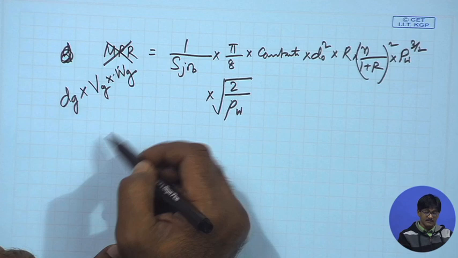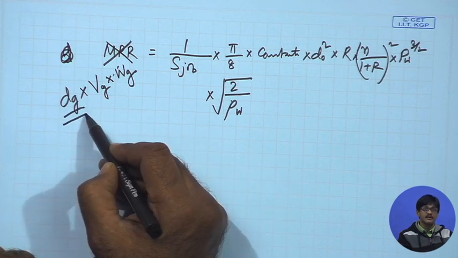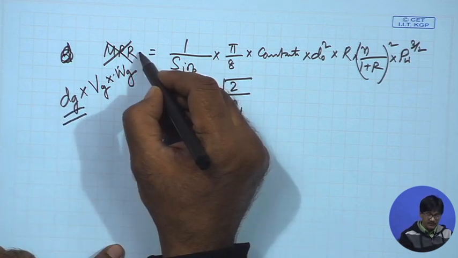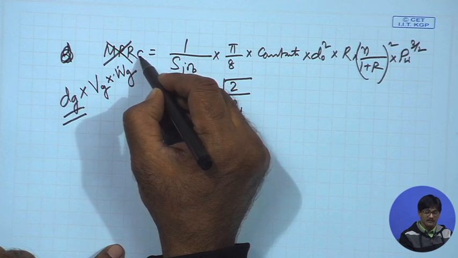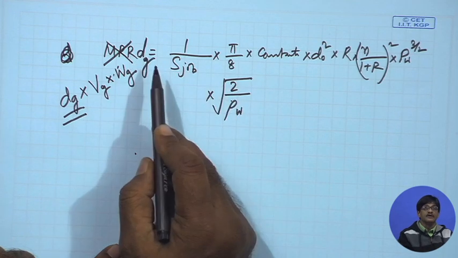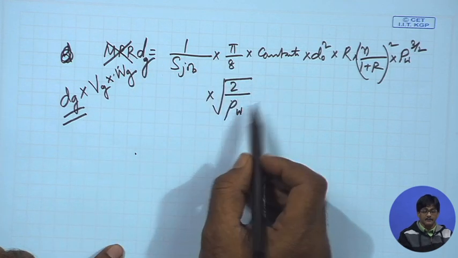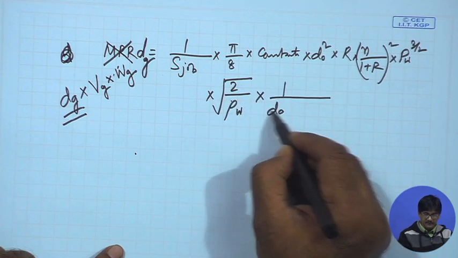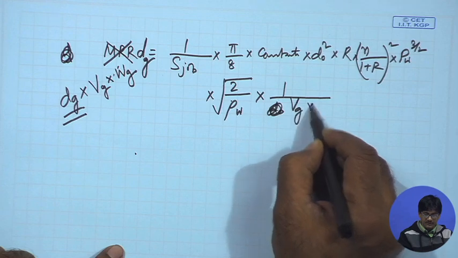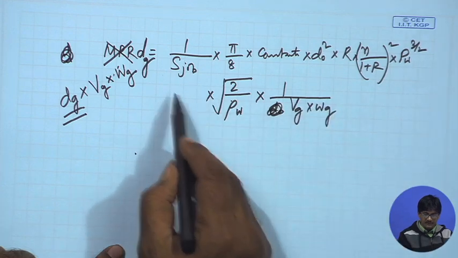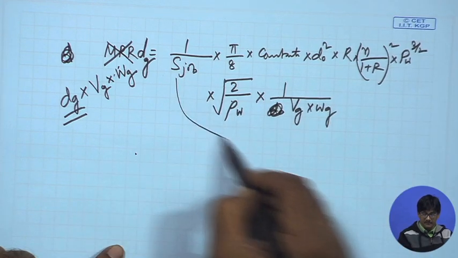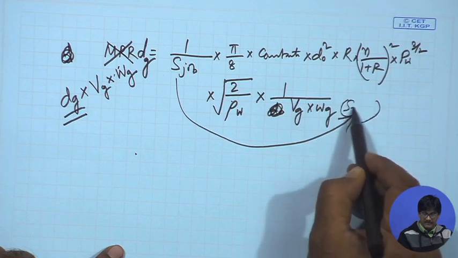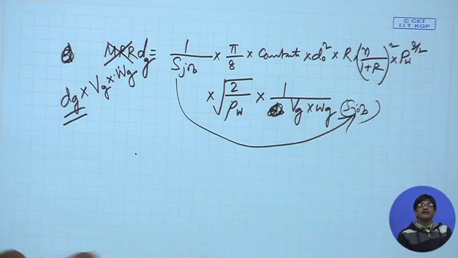Once we write this and keep dg on this side, dg will be equal to all these things underneath, divided by vg into wg, and in order to keep them company, we bring in S job, and we get the expression for depth of groove.